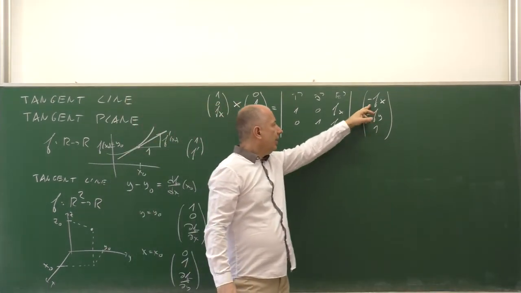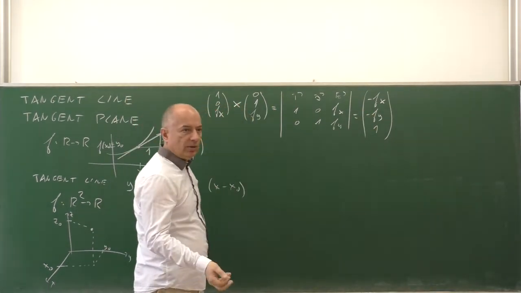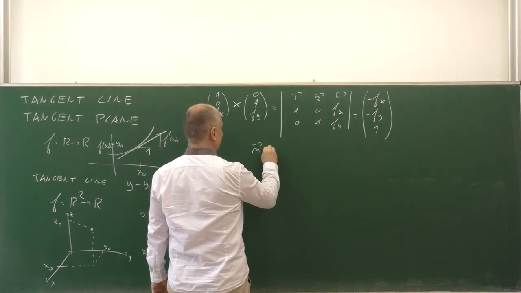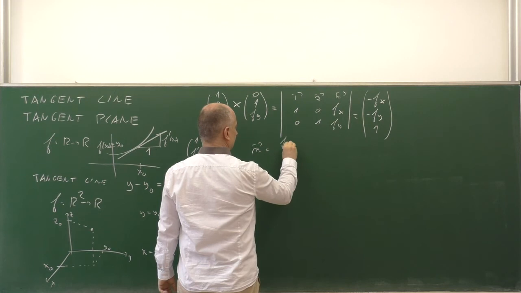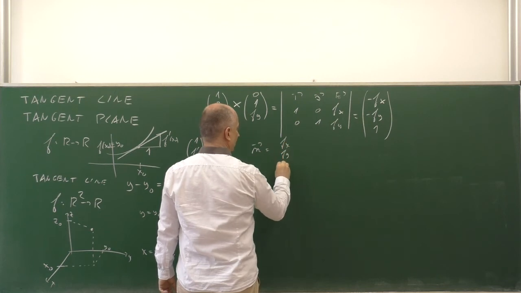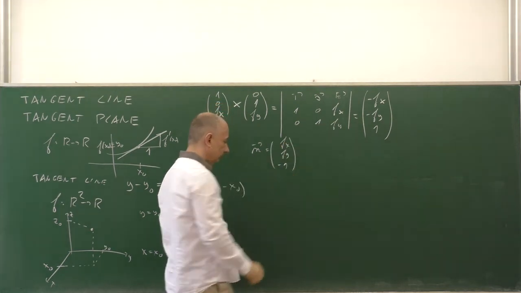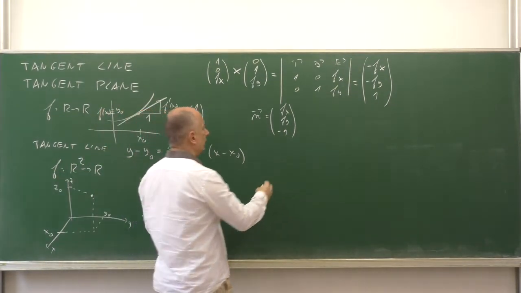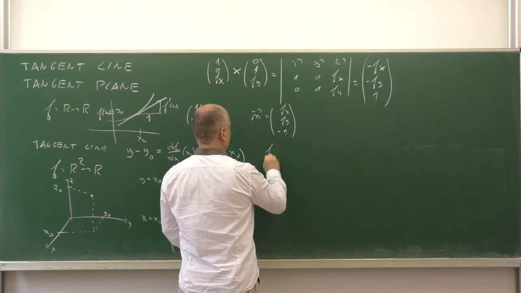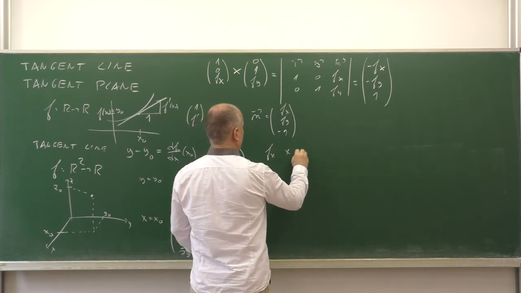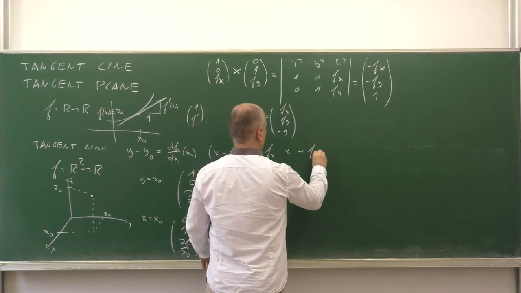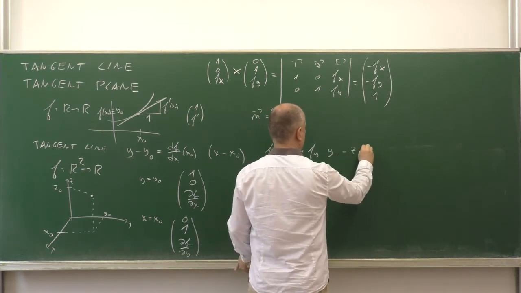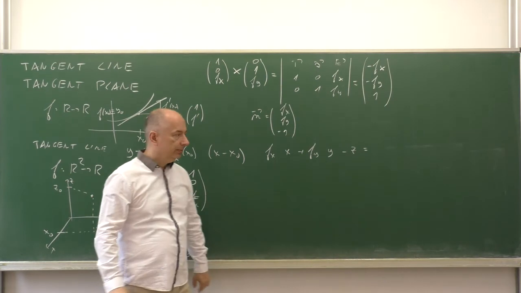Well, I don't like minus, so let's multiply this vector by minus 1, and let's call it the normal vector. fx, fy, minus 1. And if we have the normal vector of the plane, we can write the equation, namely fx times x plus fy times y minus 1 times z is some constant.